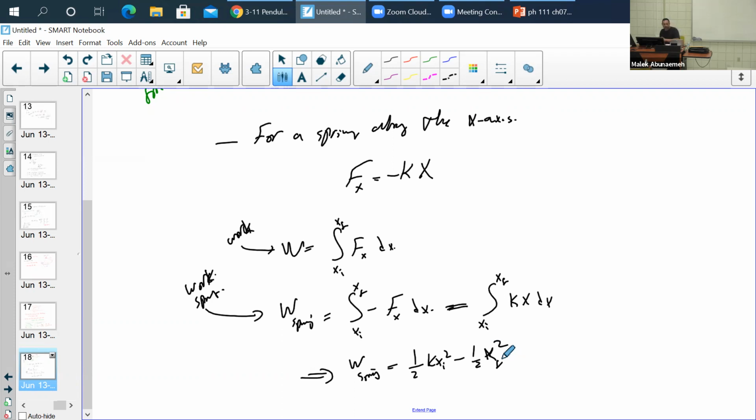And again, the work can be positive or negative, depending on the energy transfer, like we said earlier. Let me go ahead and write that down.